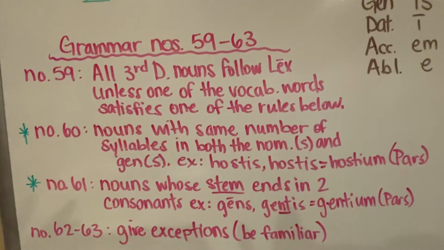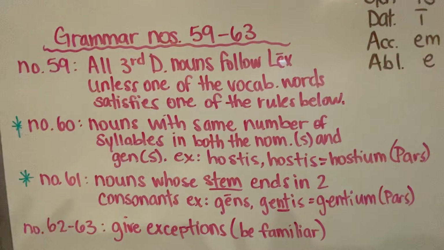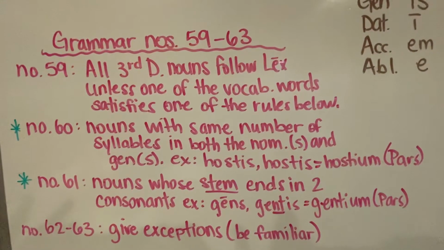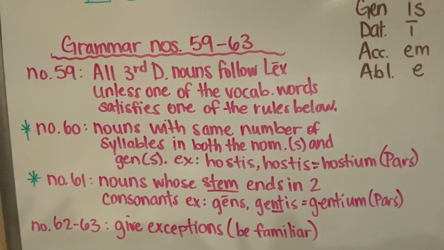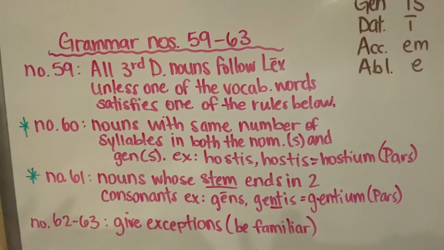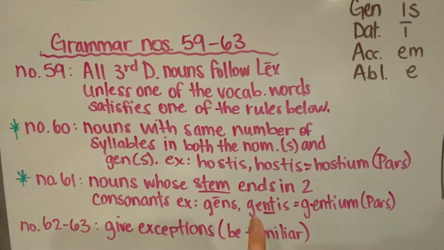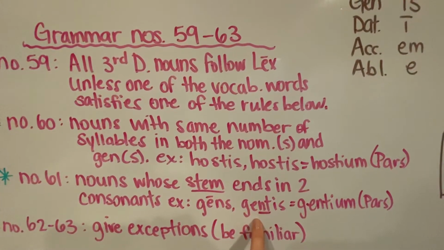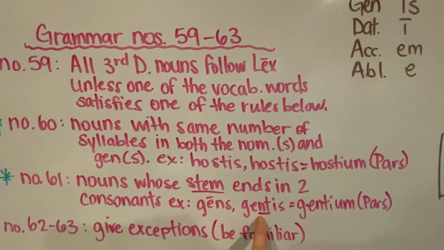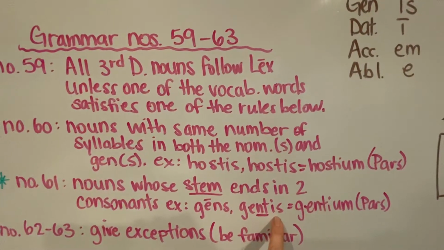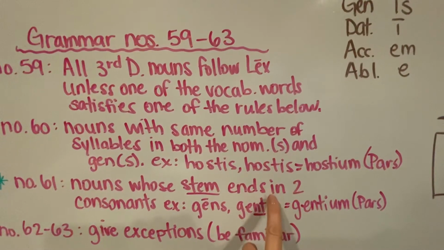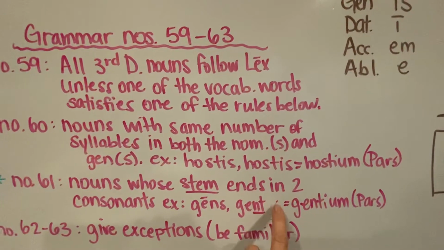Then we look at number 61. It says nouns whose stem, and I underline stem just to catch your attention, ends in two consonants. Anytime we try to find the stem of a word, we use the genitive. They give us the nominative and the genitive singular, so we always go to the genitive, and we drop off this ending to find the stem.